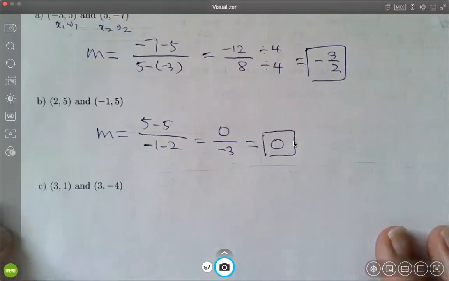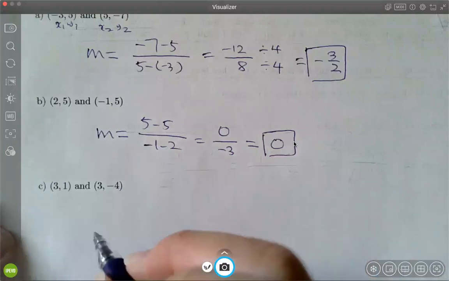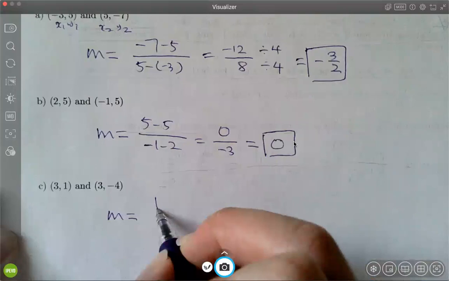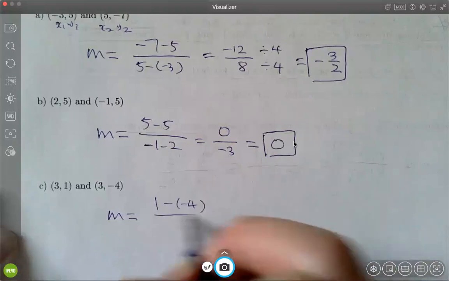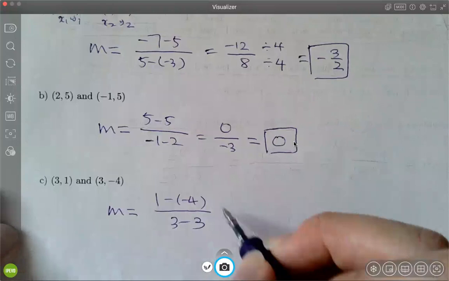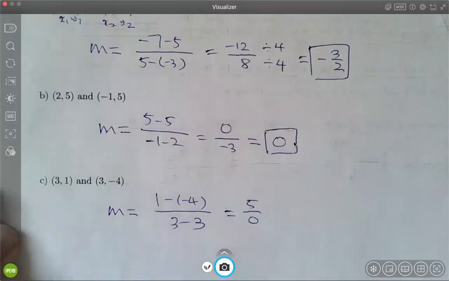And now the part C. So here what can we do? 1 minus -4 over 3 minus 3, right? Okay, so now here I'm doing y1 minus y2. Okay, so now what does this mean? 5 over 0, right? And now what is 5 over 0? Undefined.